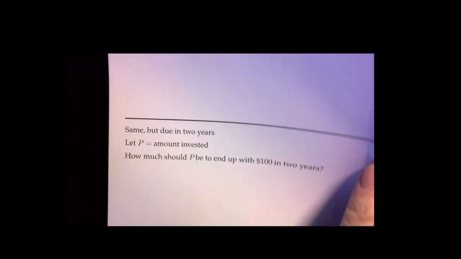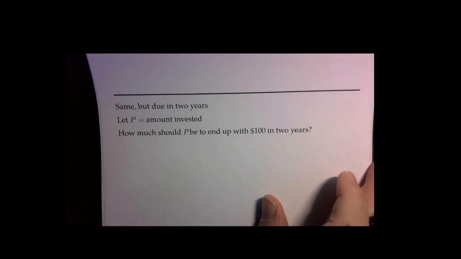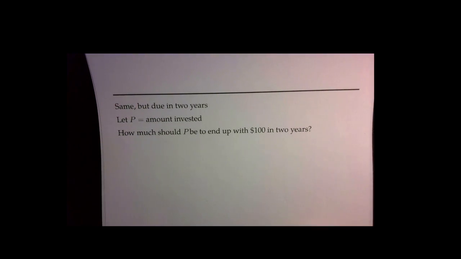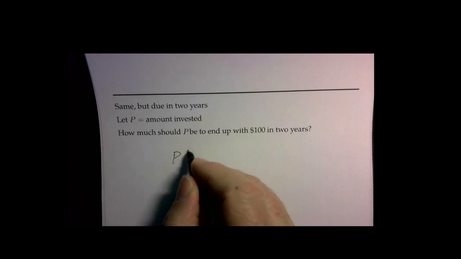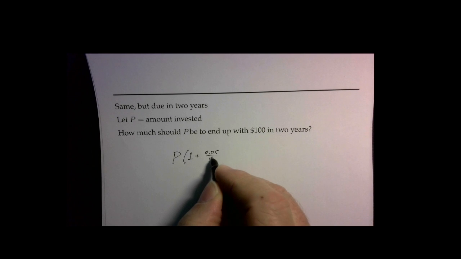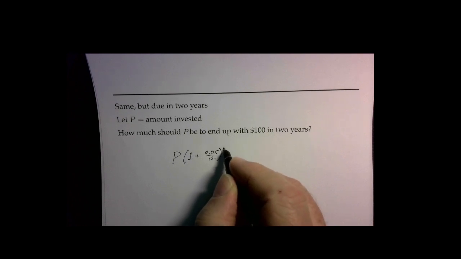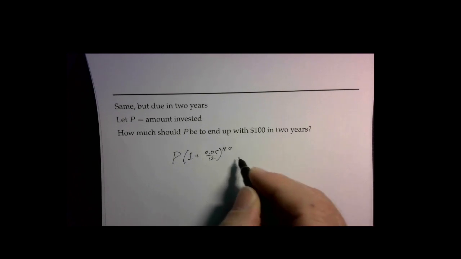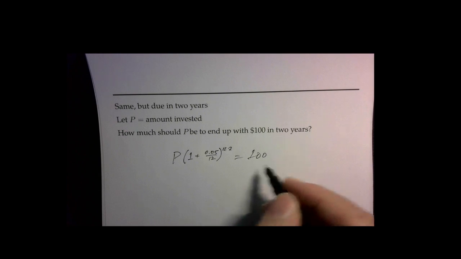Okay, let's do the 2-year version of that. Same setup, but now due in 2 years. How much should P be to end up with $100 in 2 years? Well, you just set it up. It's P times 1 plus 0.05 over 12, to the 12 times 2. Now, you need that to be 100.